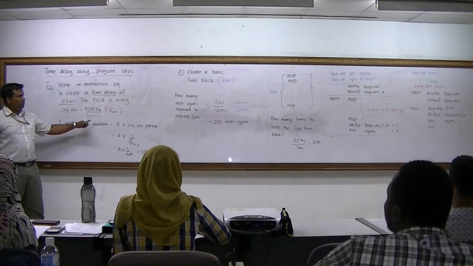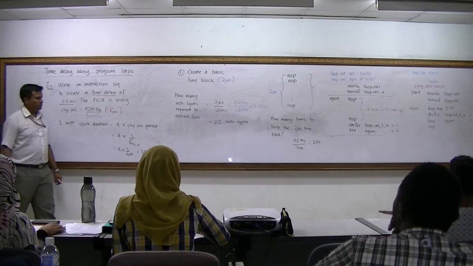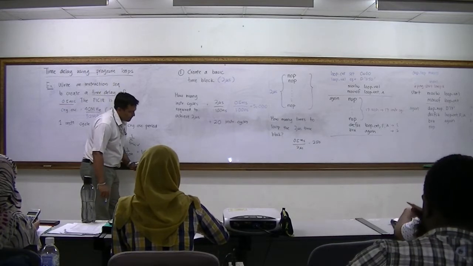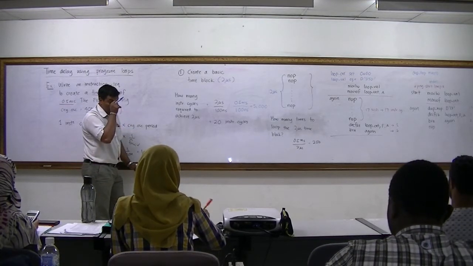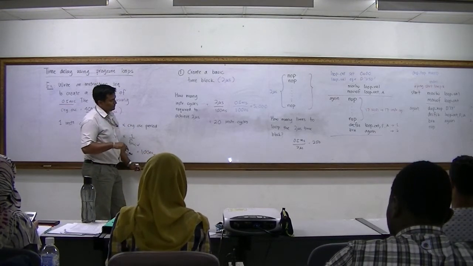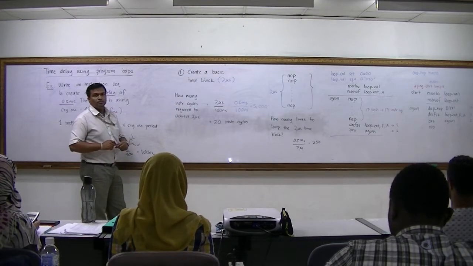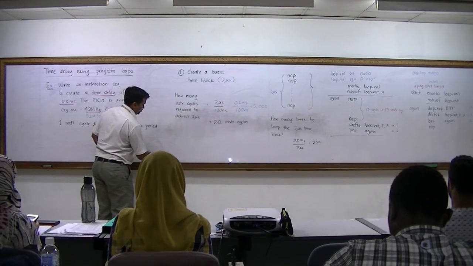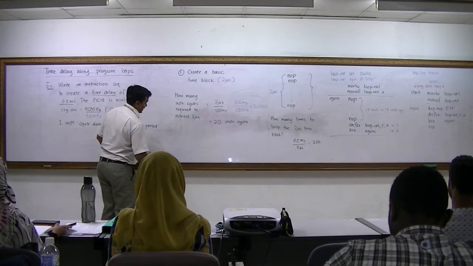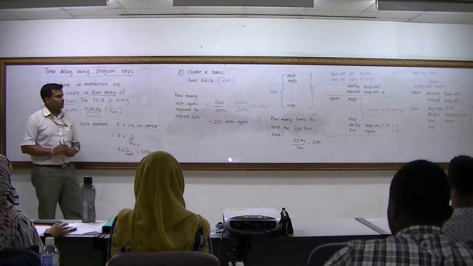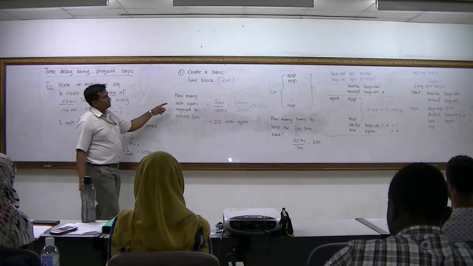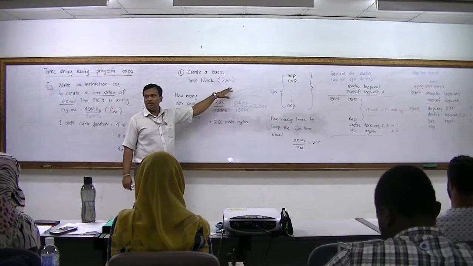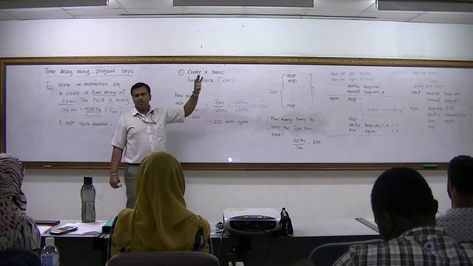So what is the new value for 32? Does this change? Assuming that you always want to create a 2 microsecond delay basic time block, assuming we are sticking to this.